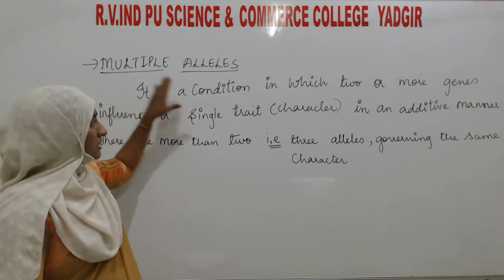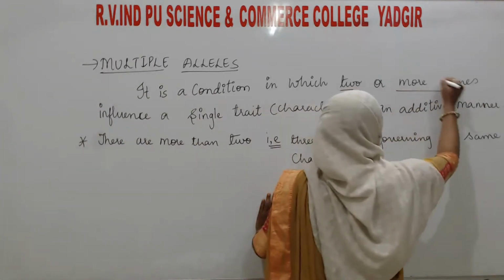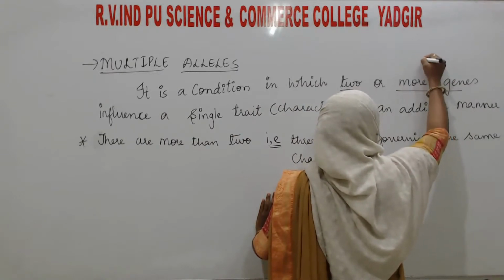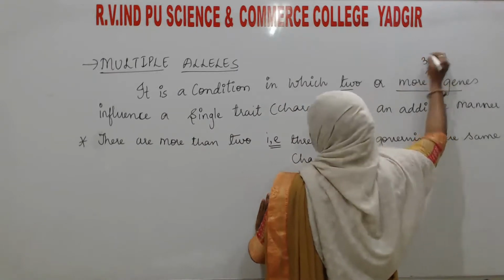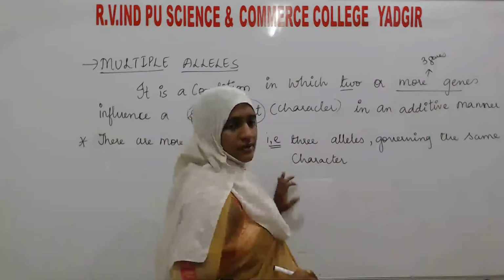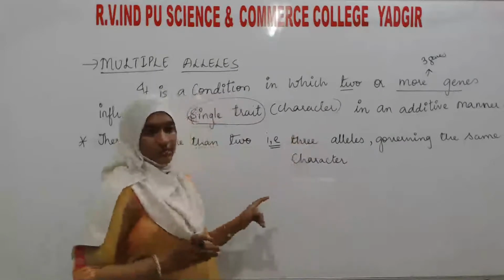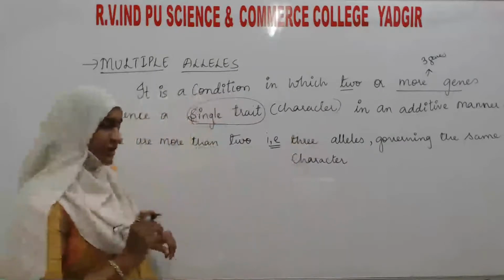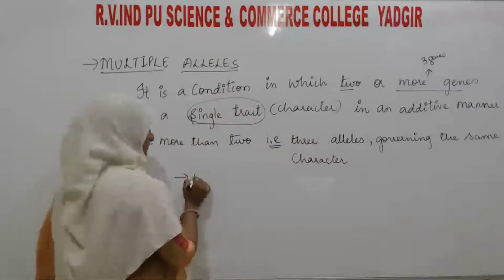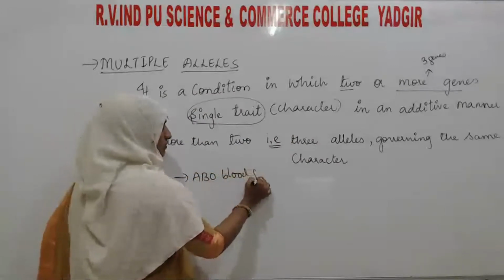It is a condition in which more than two genes, that is three genes, influence a single trait in an additive manner. They are going to add here for this ABO blood group.